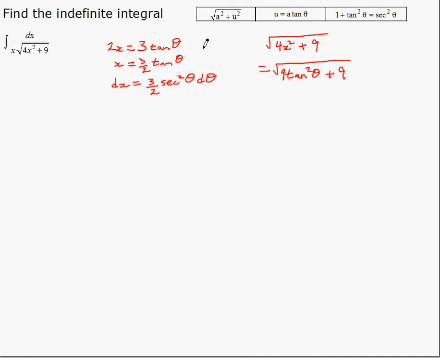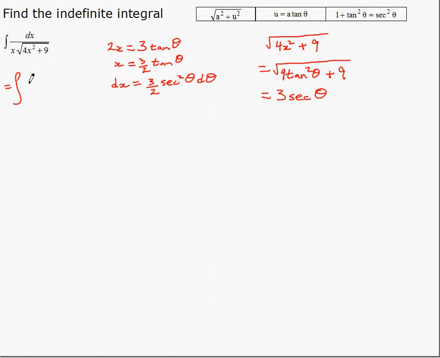So it's this all squared, which gives us this. We factor out a 9, but since it's under the root, it becomes 3 outside the root. Tan squared theta plus 1 is secant squared, so the square root of secant squared is secant theta. So there's what we get for the root.